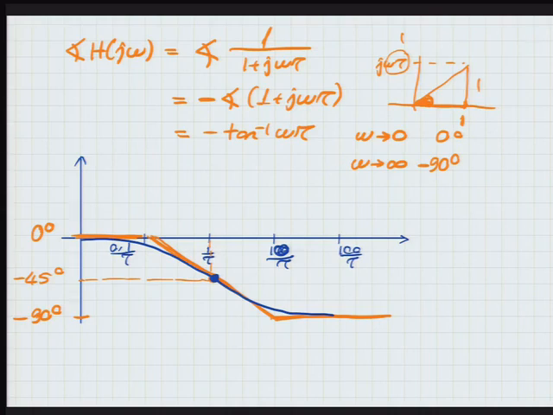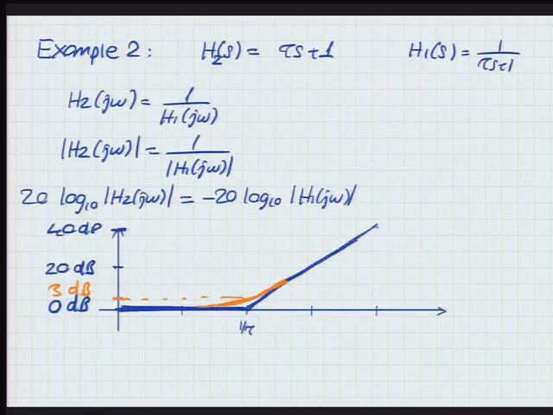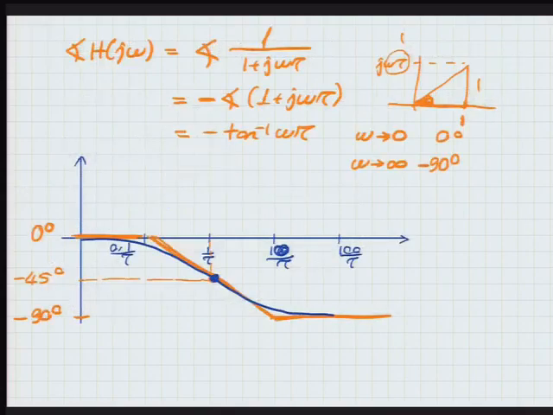All right, so that was example 1. Remember, example 2 is very similar. We just have it in the numerator, not the denominator. So given this, you will probably believe if I tell you that the phase of H2(jω) is the negative of the phase of H1(jω), right? So all you have to do is go back to this phase plot, change the sign, right?